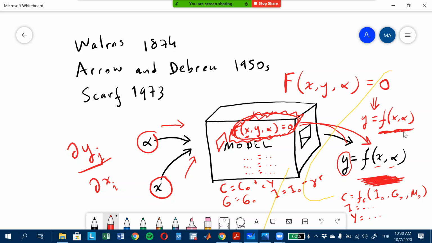So this is basically what a model does. And math helps us in going from this to this. That's basically it, because we formalize our assumptions by using this f function here.